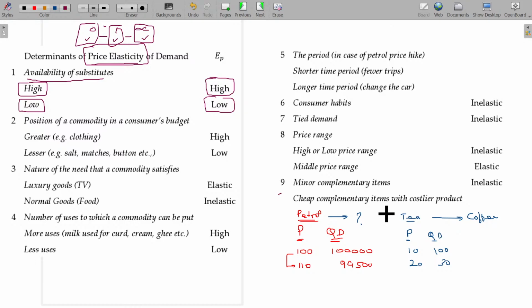So if the substitutes are available in high, then even a small change in the price will have a greater impact, because we'll immediately shift to the next one. But if we don't have a substitute, what's the use of shifting? We have to depend on that same product. So, the availability of substitutes is low means the elasticity of price of that commodity will also be lower. Here the elasticity of price will be very low. Here it is very high. That's the first aspect.